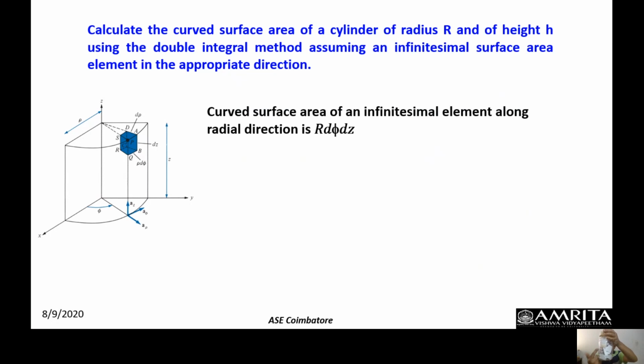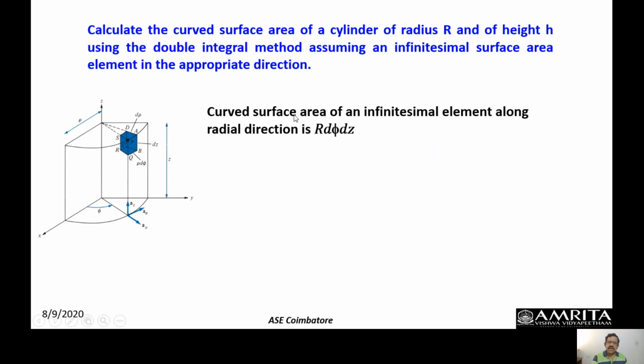If I want to know the cylindrical surface area, what I am going to do is, you can see that the phi is changing and also the z is changing, whereas the radius remains constant. Therefore, the surface area element for the infinitesimal element is going to be along the radial direction. Therefore, the other two parameters you have to multiply. That will be r d phi dz.